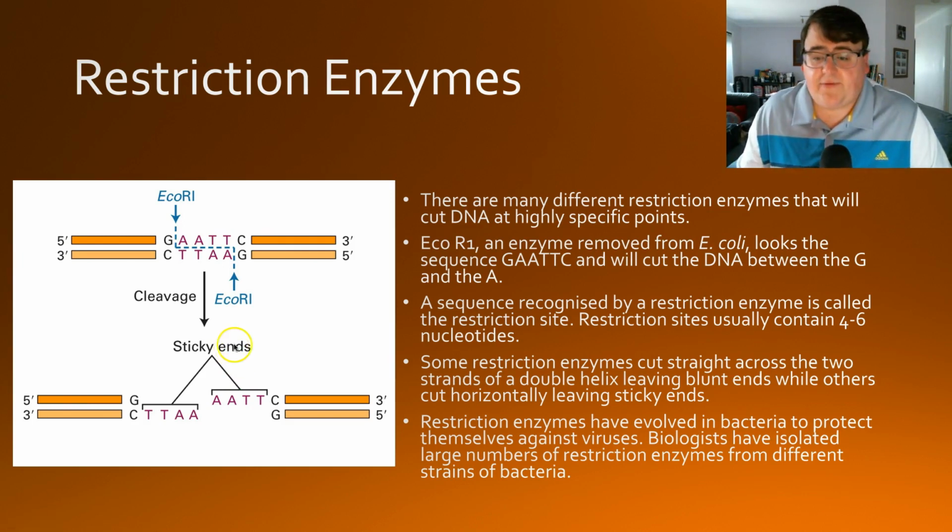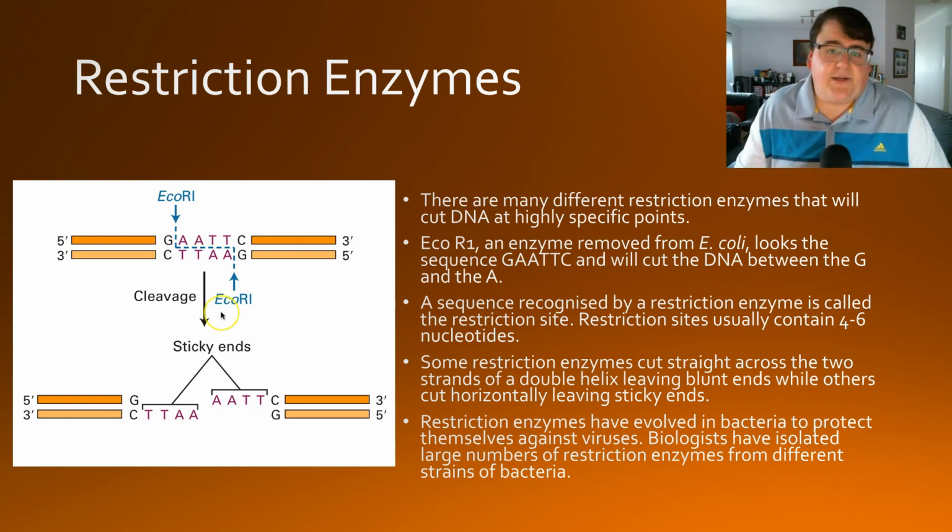Restriction enzymes evolved in bacteria, and bacteria use them to fight off viruses. We've isolated a large number of restriction enzymes from different strains of bacteria, so that's where we get our restriction enzymes from.